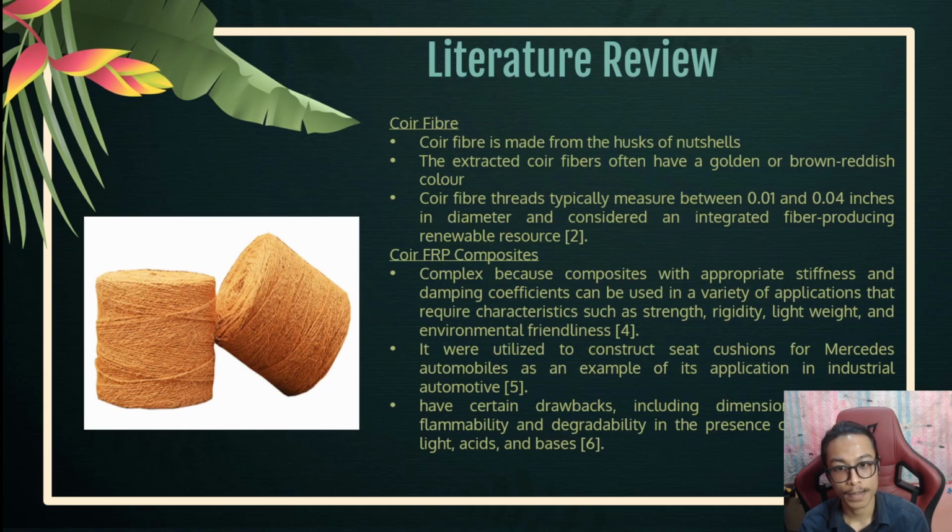Coir FRP composite was utilized to construct seat cushions for Mercedes automobiles as an example of its application in the automotive industry. Despite their benefits, coir FRP composites have certain drawbacks, including dimensional instability and flammability, which make them unsuitable for high temperature applications, and degradability in the presence of humidity, UV light, acids, and bases.